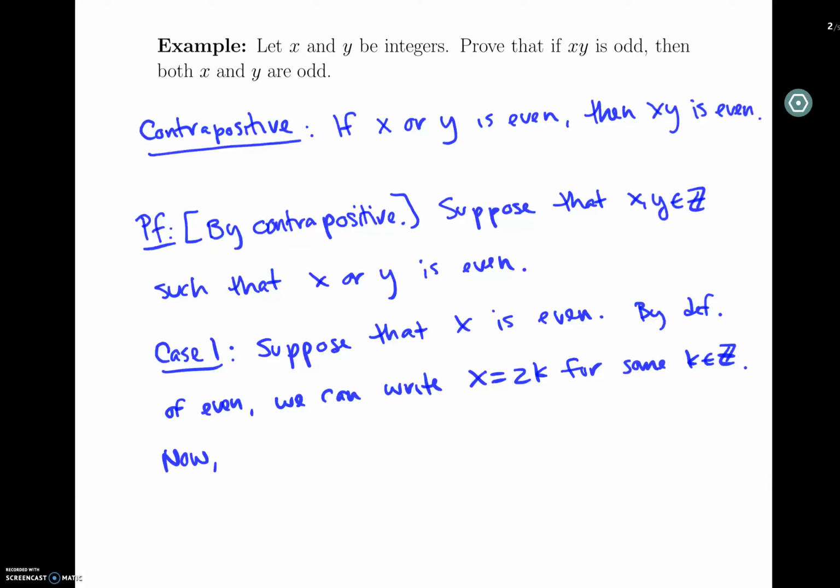Now, we can consider xy, which would become 2k times y, which would be 2 times ky.